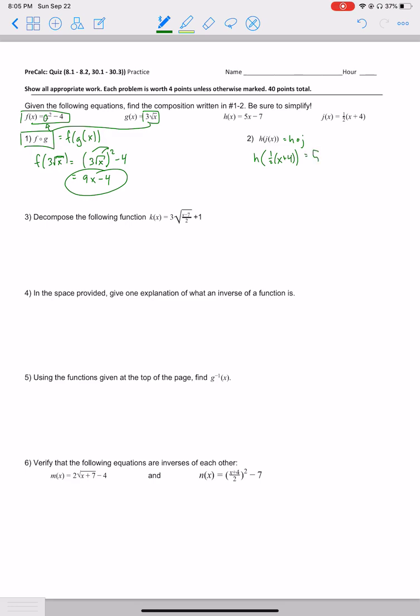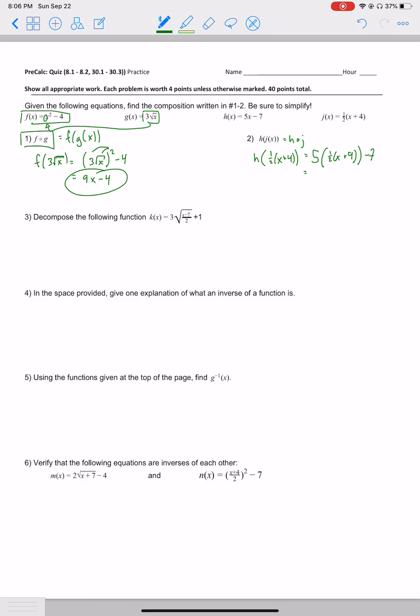So we take h, which is 5 times x, but in actuality we're doing 5 times everything that is j, which is 1/2 of x plus 4, and then our last piece, which is minus 7.